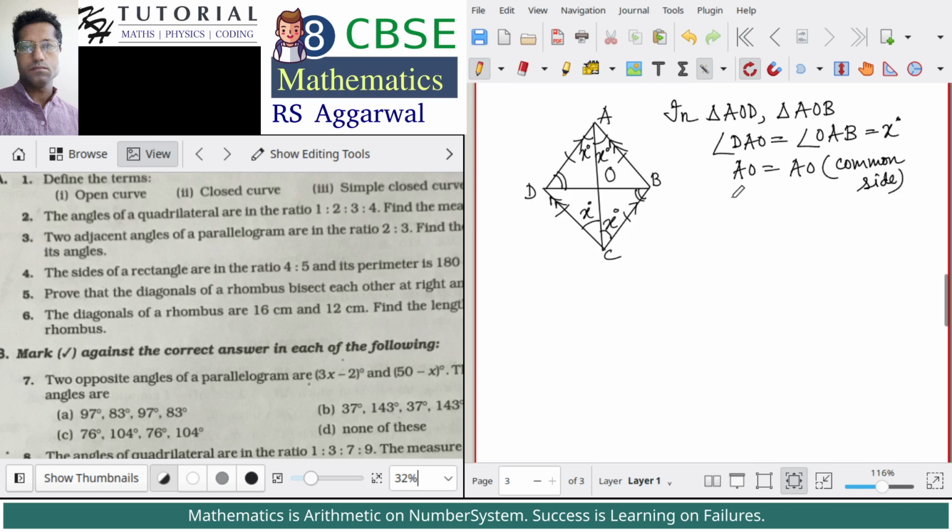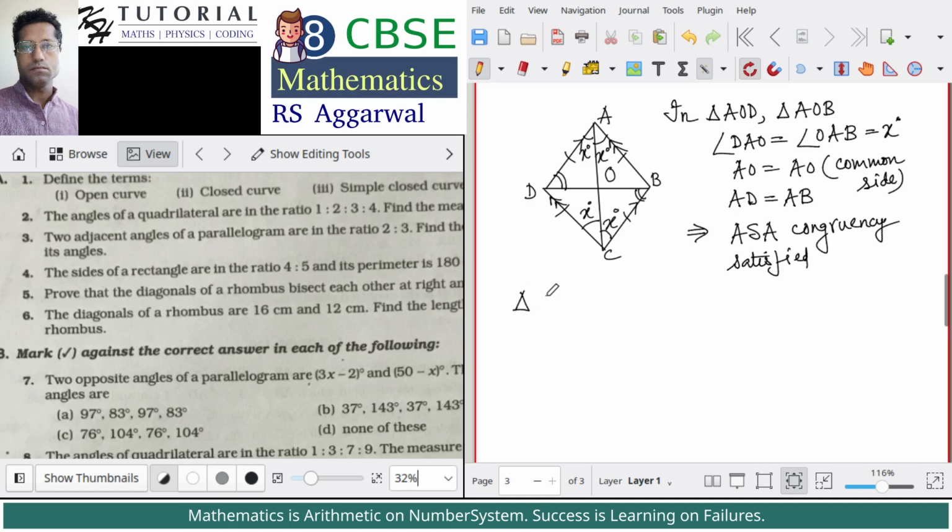And we have also AD is equal to AB, as they are the sides of the rhombus. So two sides and the included angle are equal in the two triangles. So definitely this is SAS congruency satisfied. So triangle AOD and AOB must be congruent to each other.